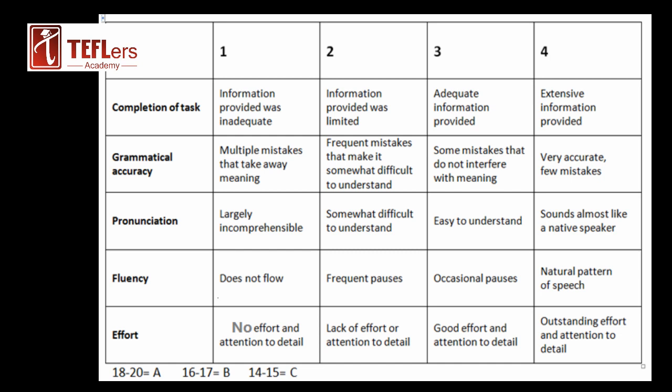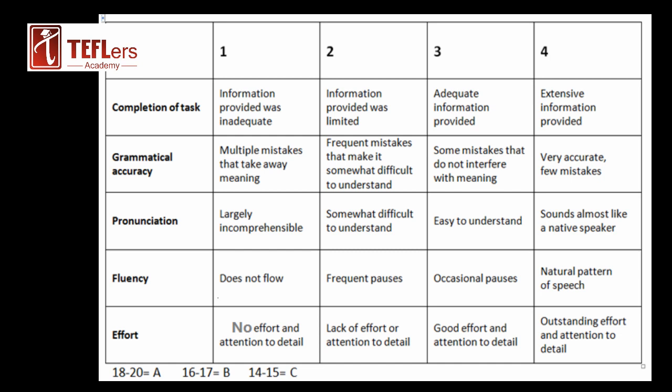We go from the description of the worst performance to the description of the best performance. For example, for completion of task, information provided was inadequate, which means the student didn't really complete the task. The second one, information provided was limited. It means it's better than the first one, but still not good enough.